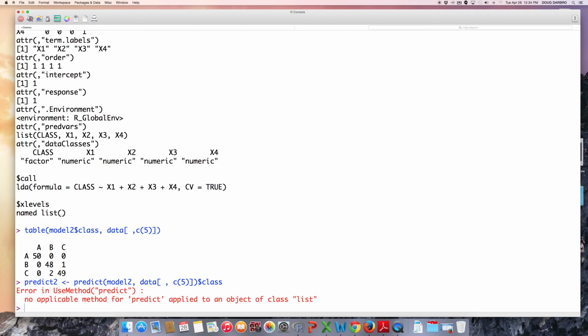Why is that not working? Apply to an object of class called list. All right. Well, anyway, we took care of what we needed to right back up here, just using table and model 2. I'm kind of confused why that isn't working, unless maybe I did something silly.